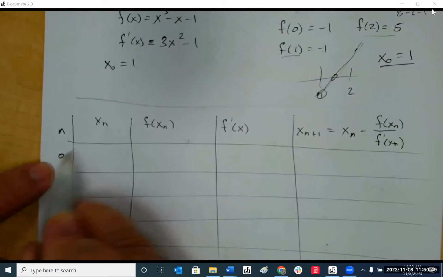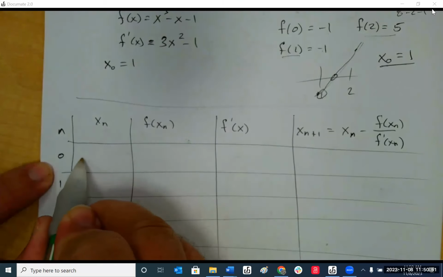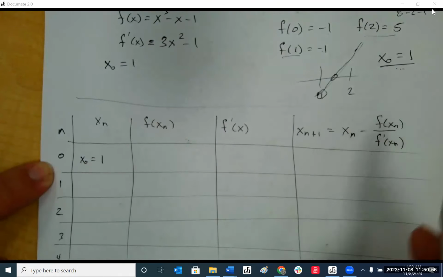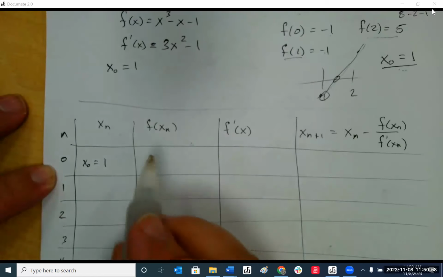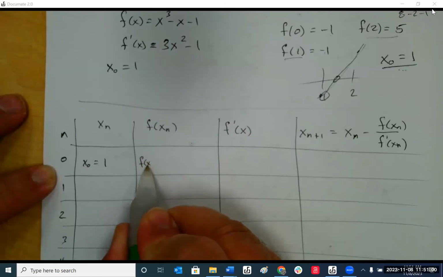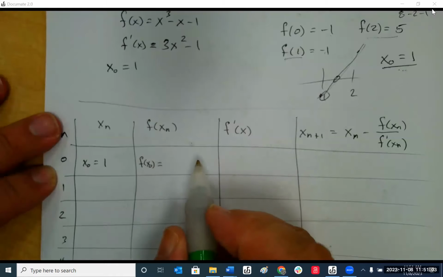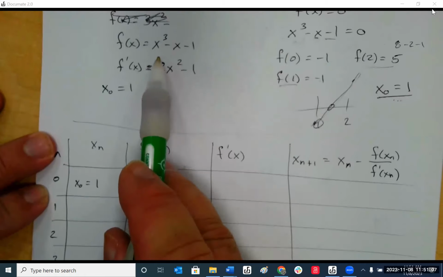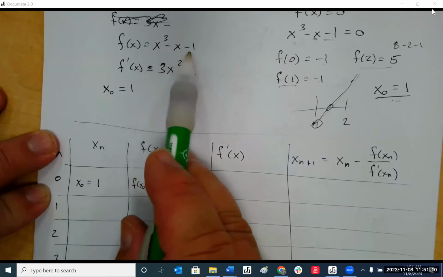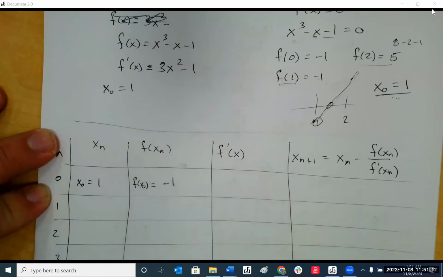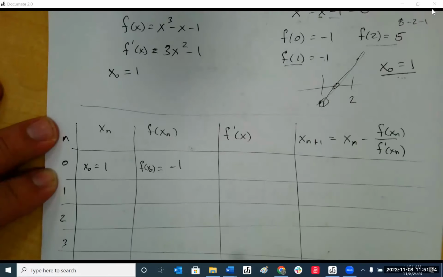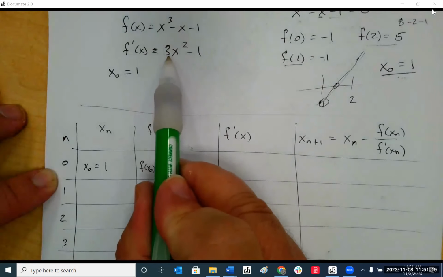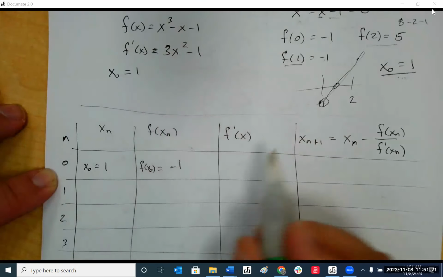So when x sub 0 equals 1, we're starting off with our initial guess being 1. So f of x sub 0, plug in 1 inside the function. 1 minus 1 is 0, it's negative 1. Plug in 1 inside here. 3 times 1 is 3, minus 1 is 2.